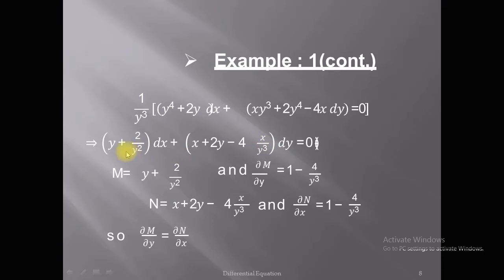So the new function of M is now y + 2 divided by y^2, and the new function N is now x + 2y minus 4x divided by y^3.